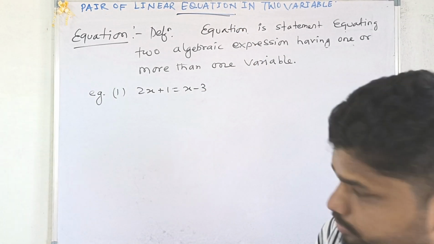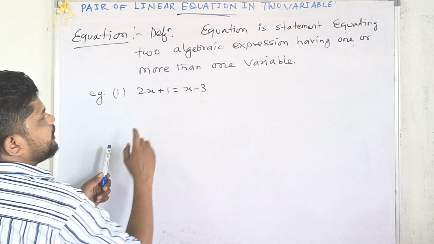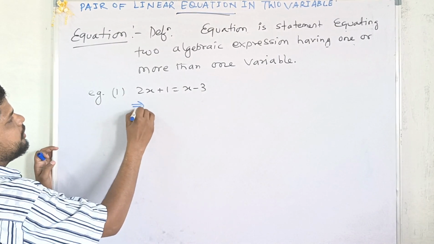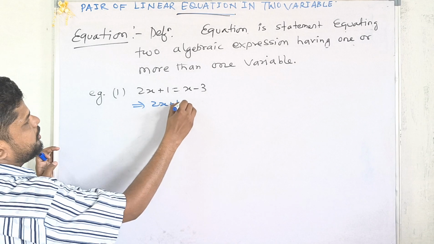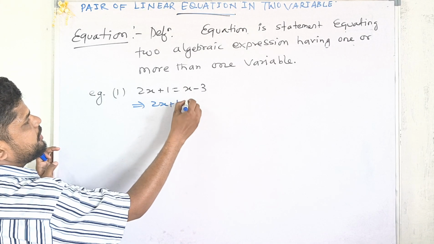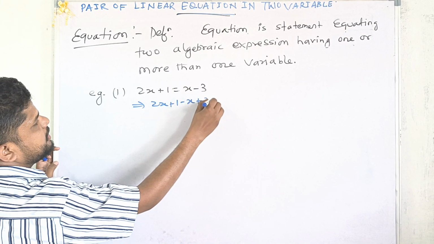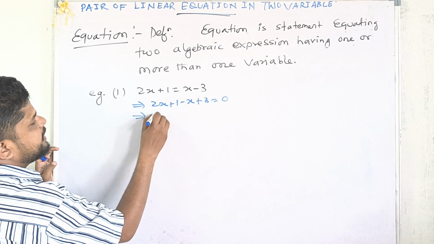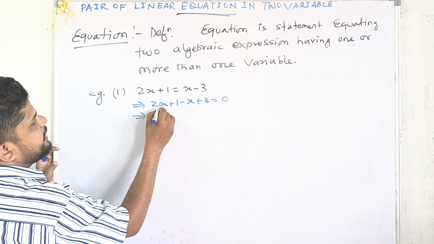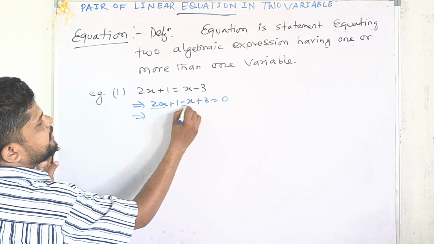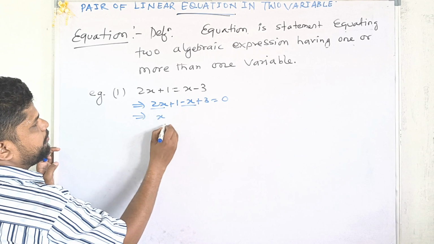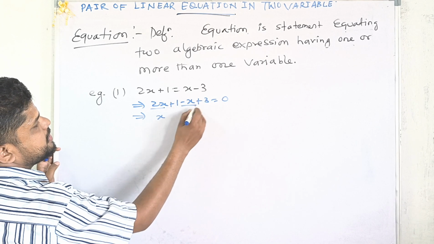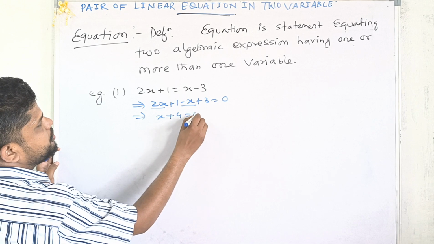Here, when we solve this statement further, we will get 2x plus 1, transpose this to here, you will get minus x and plus 3, that is equal to 0. Here, 2x minus x is just x, and 1 plus 3 is 4, equal to 0.